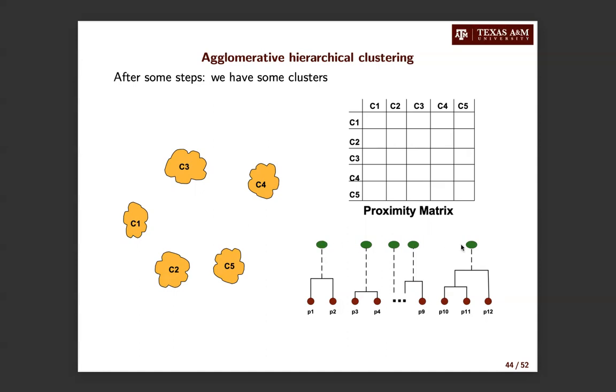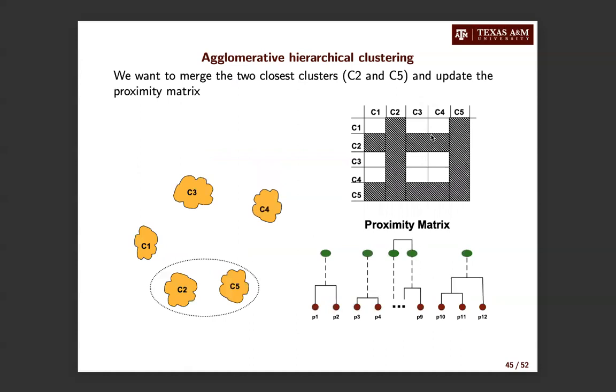So here we see that we have 5 subclusters. Each of the 5 subclusters corresponds to a row and a column of that proximity matrix. And now we need to compute the pairwise distance between those resulting clusters rather than the pairwise distance between those data samples. Once we find the pair of clusters that has the lowest distance, then we can also merge those clusters together and revise the proximity matrix.